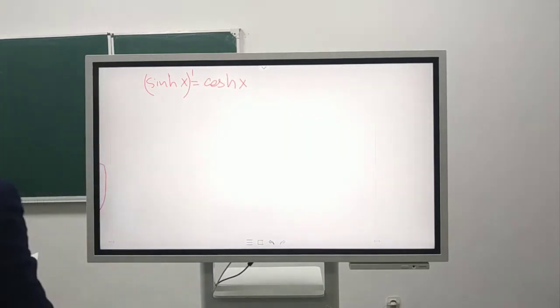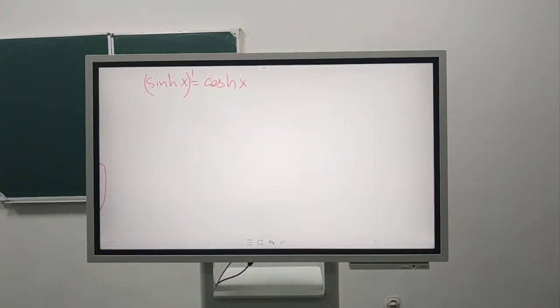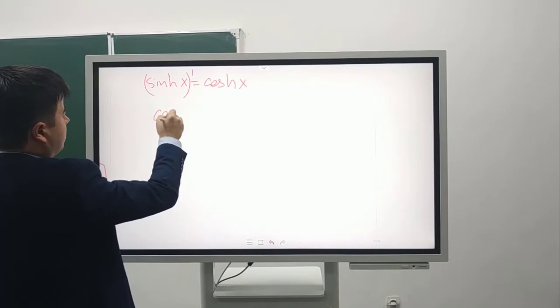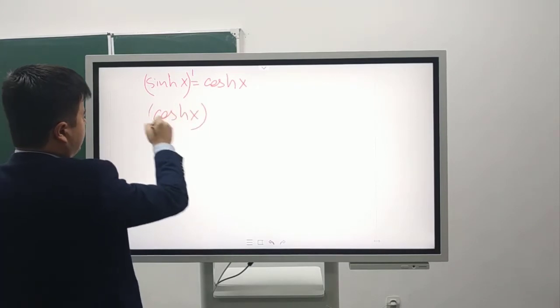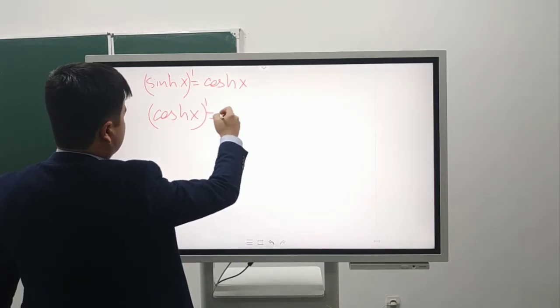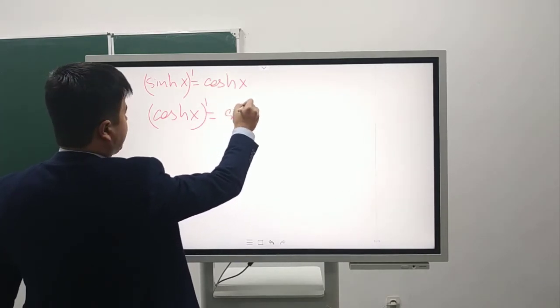Derivative of hyperbolic sine, it is hyperbolic cosine. And similarly, we can write for hyperbolic cosine also. The derivative of hyperbolic cosine x is hyperbolic sine x.